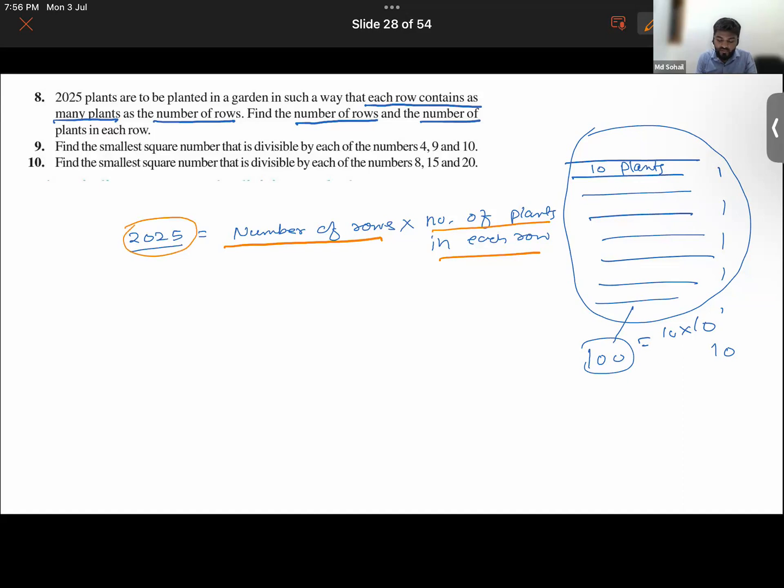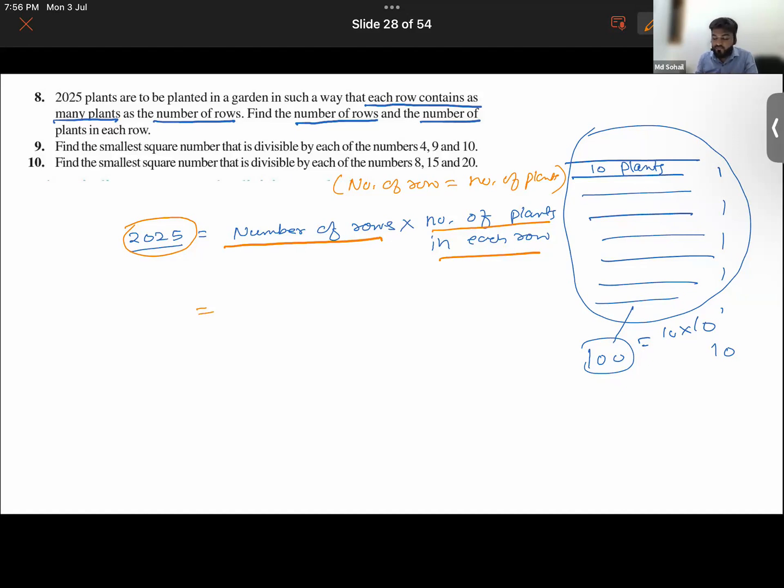So how can we not say that the number of rows is equal to the number of plants in each row here? Note this thing here. Ahmed, are you getting this? Because the question says that each row contains as many plants as the number of rows.